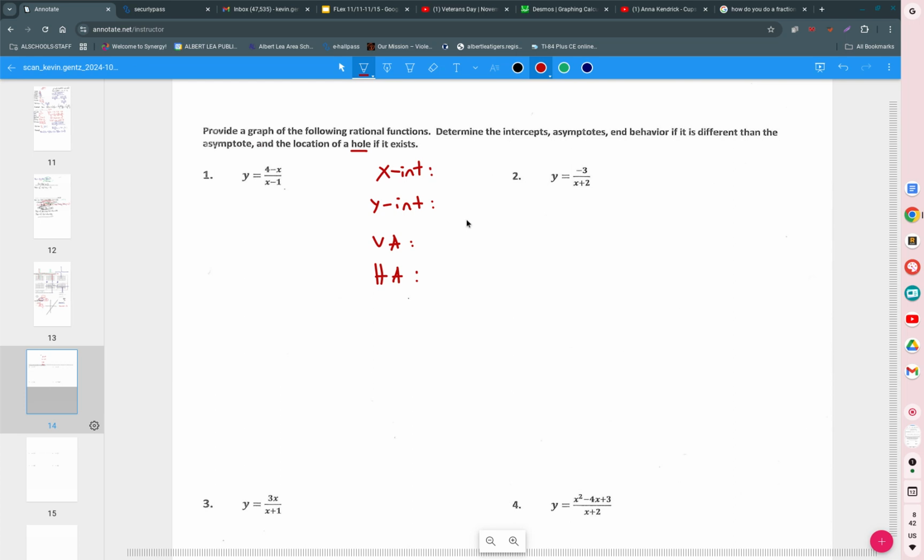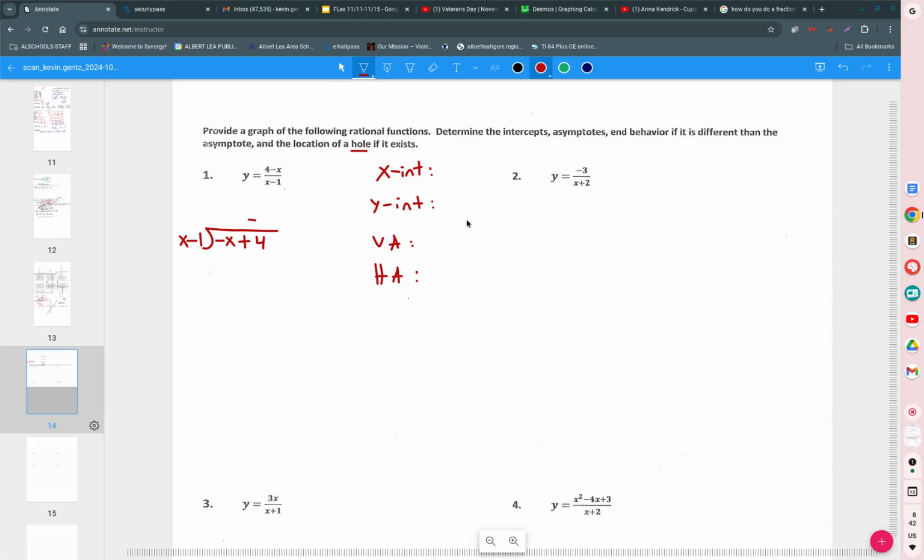The first thing I'm going to do is divide this function out. So I'm going to take x minus 1, and I'm going to divide it into negative x plus 4. What do you multiply x by to get negative x?